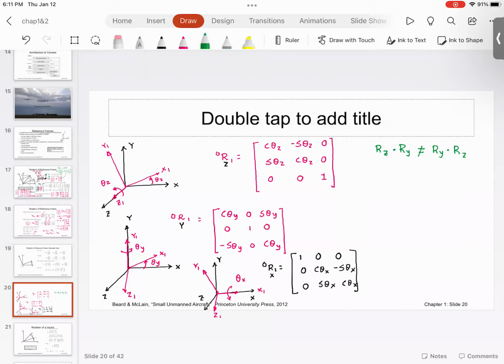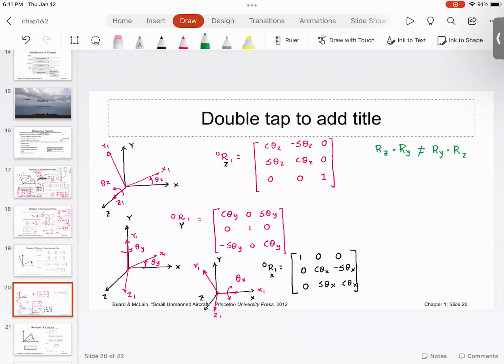However, if the rotations are small, then they commute. You read this in a lot of textbooks, but it's very difficult to understand what it means. So for once and for all, I just want to address this issue. Large, finite rotations are non-commutative.